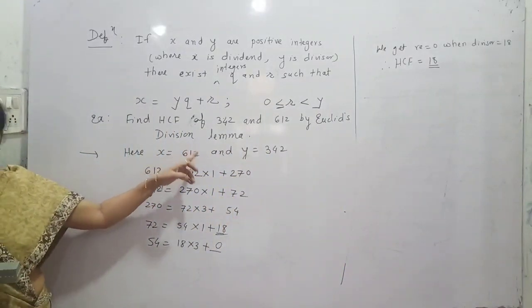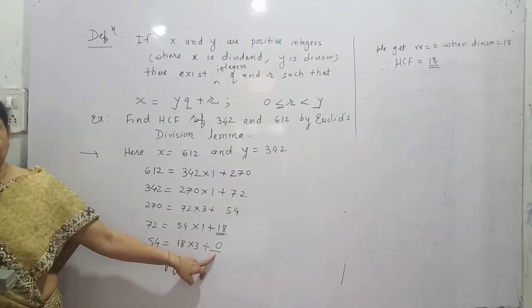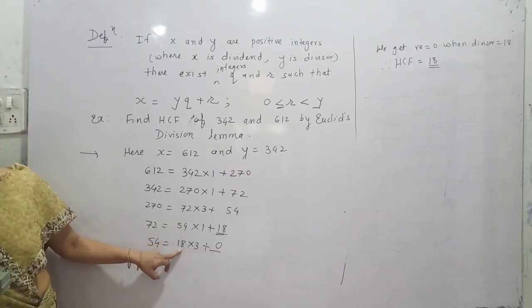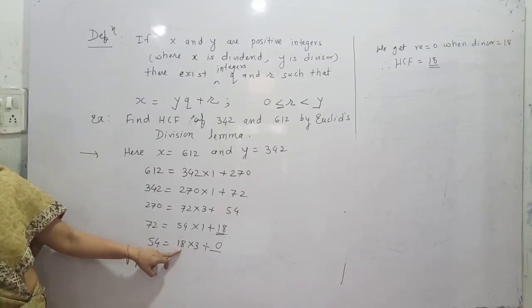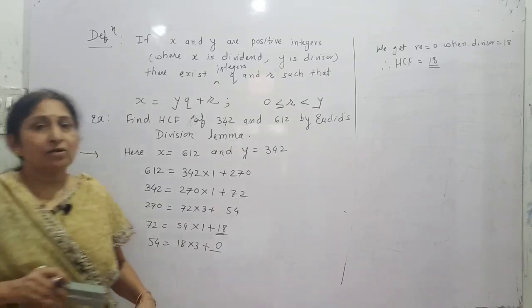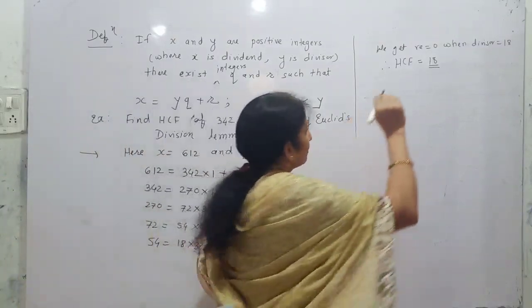So we have to proceed until we get remainder 0, and when we get remainder 0 the divisor will be the HCF. Now if you have to verify, how will you verify?